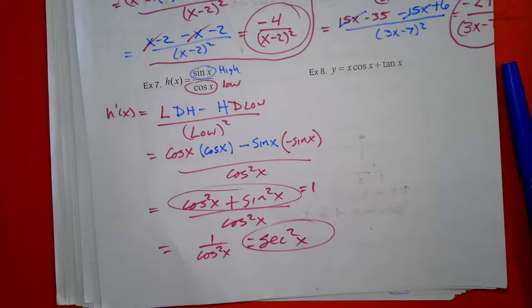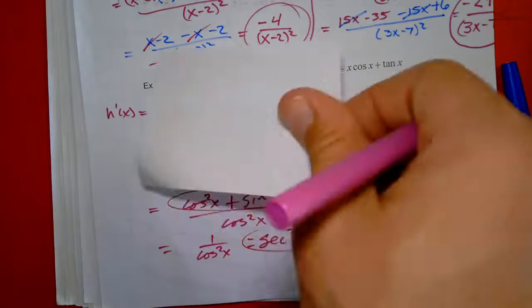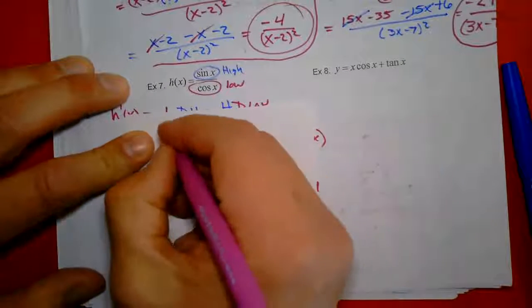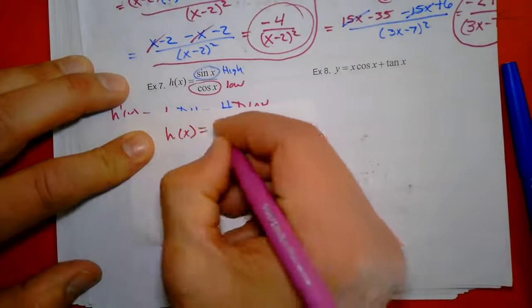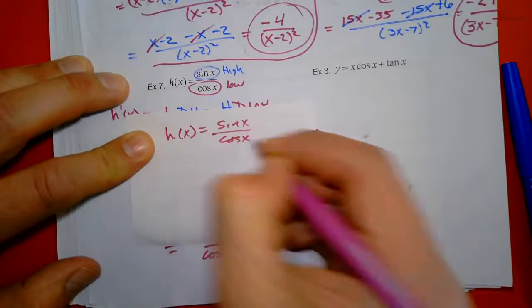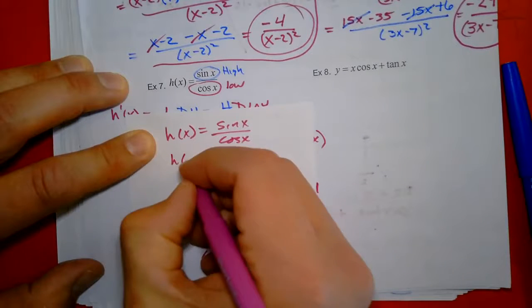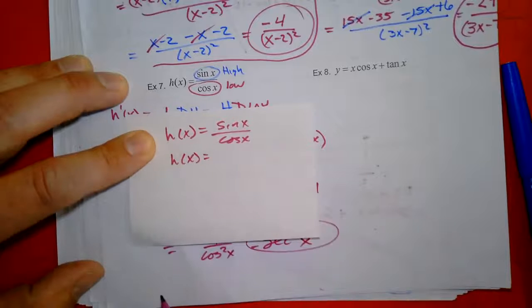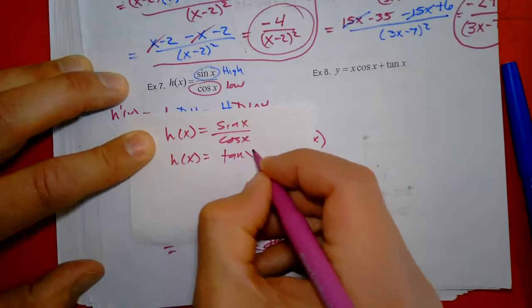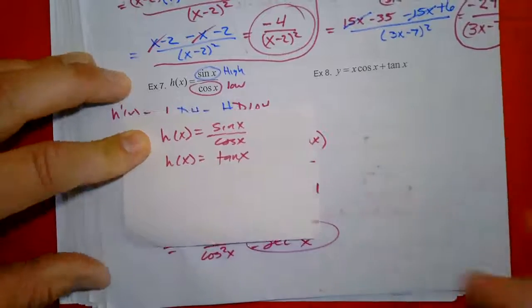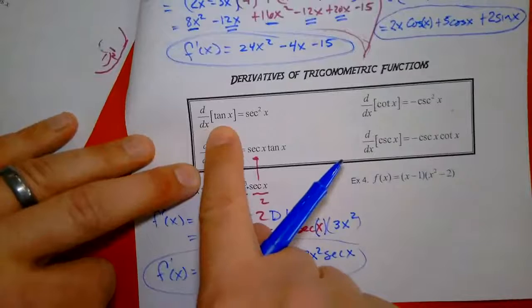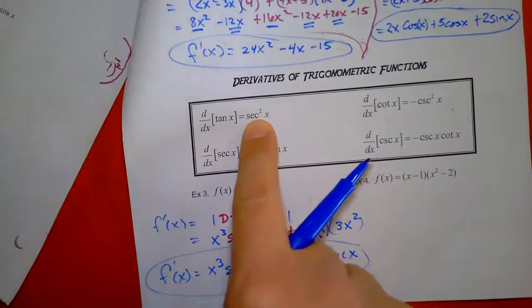Okay? Now remember when I said work smarter, not harder, right? We did a lot of work here. The original function was sine of x over cosine of x. Well, we should know what sine of x over cosine of x is. What is sine over cosine? That's tangent. And we just talked about, on the front page, what's the derivative of tangent? Secant squared, right?